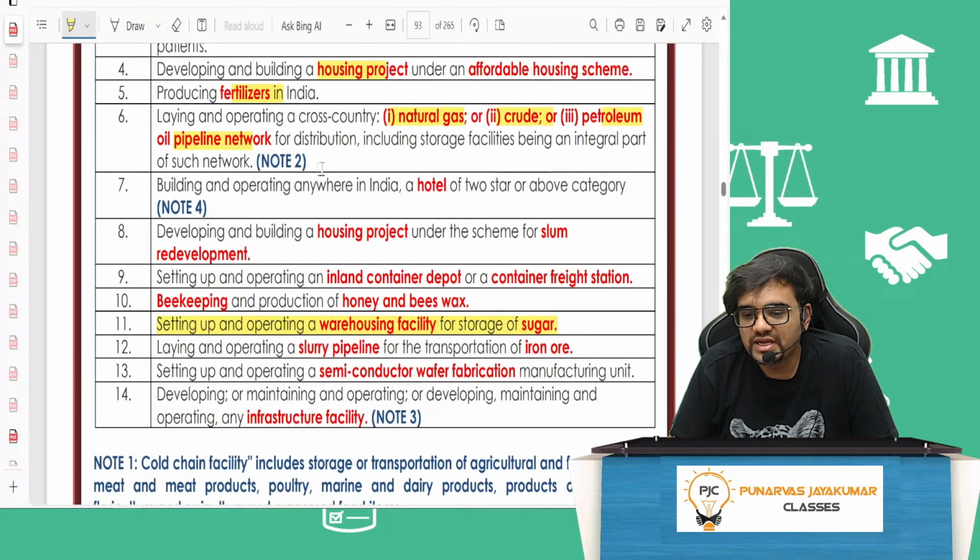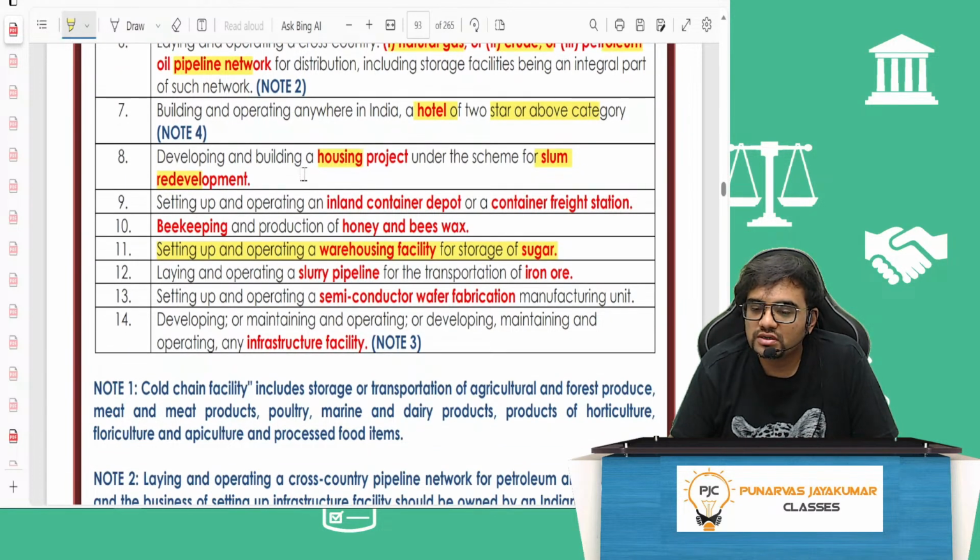Now building and operating anywhere in India a hotel of 2-star or above category. Then housing project for slum redevelopment. Just remember the overall housing project, affordable housing, slum development, all that. Then inland container depot and container freight station, and production of beekeeping, honey and honeybee, all these things.